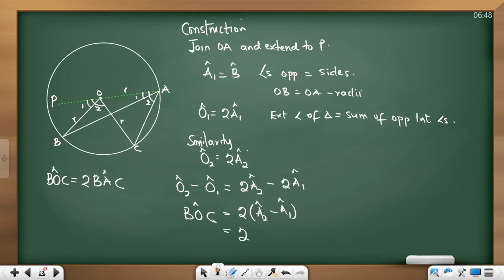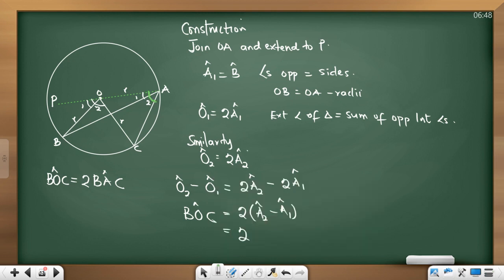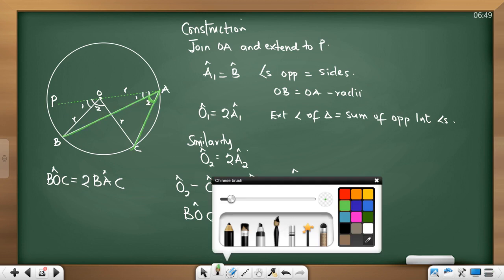All right, what is A2 minus A1? Let's go check. This is A2, that whole thing. That is A2 minus A1. We are left with just the small part here. And what is the small part? BAC. Oh, makes sense now. BAC.